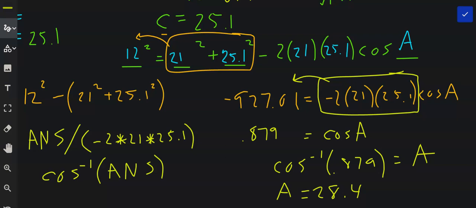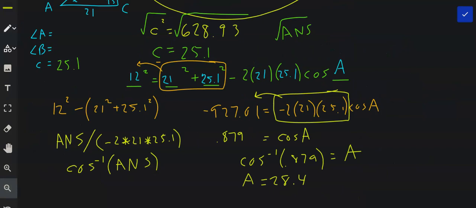Because people make mistakes and they end up with the ambiguous case, and then they get frustrated, and I don't want you to be frustrated. So you might as well just do the law of cosines twice, and you won't. The law of cosines doesn't have that ambiguous case.